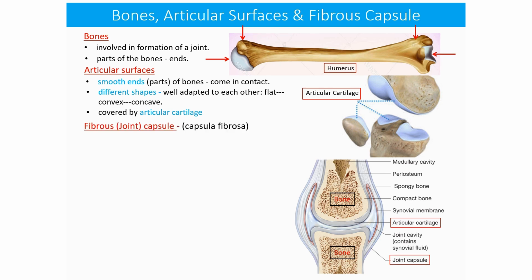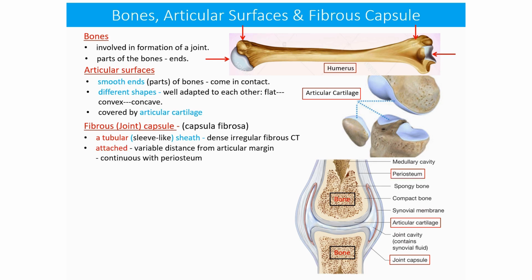Next is the fibrous capsule. It is a tubular sleeve-like sheath made up of dense irregular connective tissue and is attached at variable distances from the articular margin, where it becomes continuous with the periosteum.